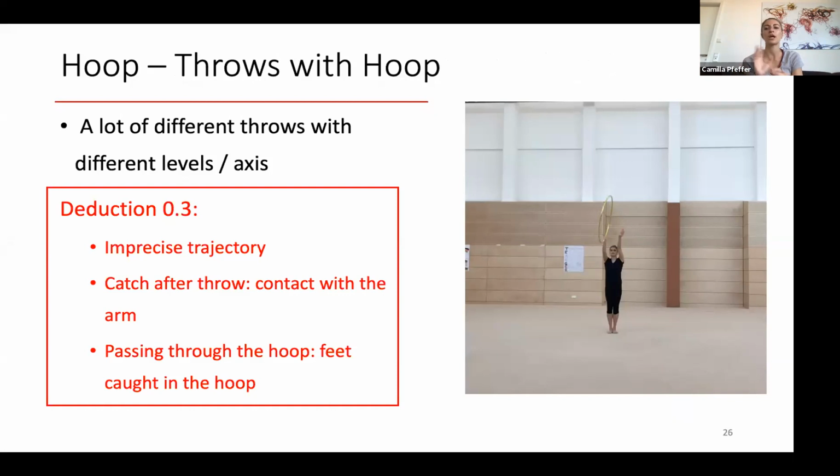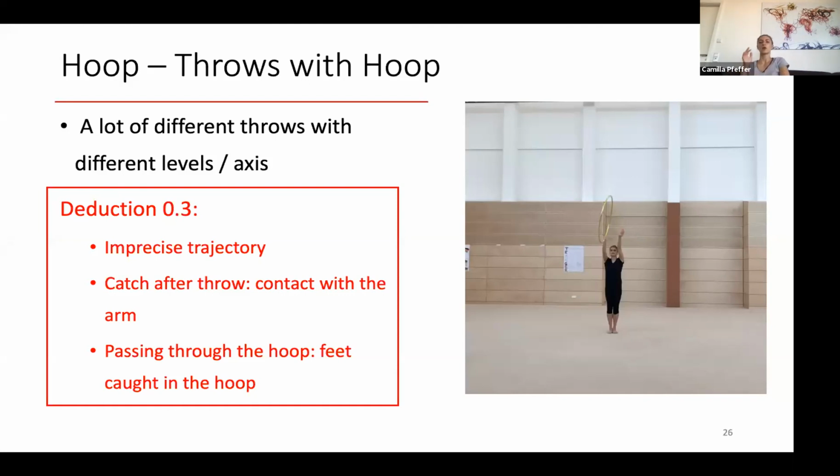No matter which axis you take, which throw you take, which apparatus you take, it's always the same rules. The apparatus should not rotate too much because you need to throw high and calm and without rotation to be able to do difficult catches. And it's not possible if the apparatus is moving very fast.